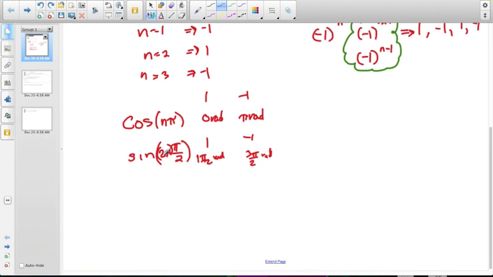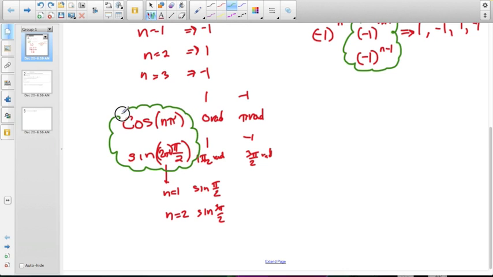So when n equals 1, this is 2 minus 1, which is 1, so we have sine of pi over 2. When n equals 2, 2 times 2 is 4, minus 1 is 3, so we have sine of 3 pi over 2, and so on and so forth. So that would be a way to use trigonometric functions to get an alternator as well.